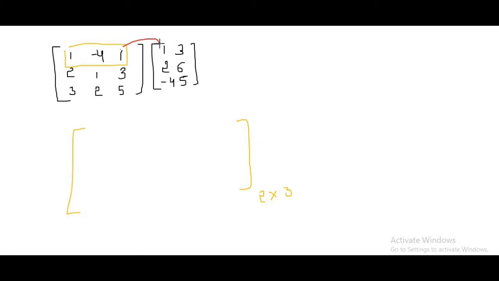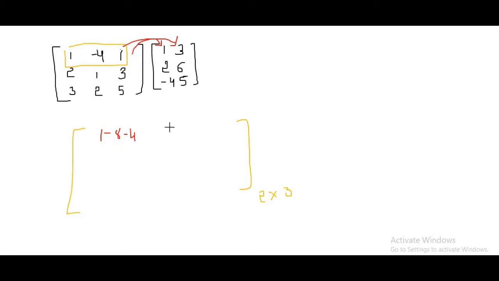We take the first row and we multiply with the first column. 1 times 1 is 1, negative 4 times 2 is negative 8, 1 times negative 4 is negative 4. You get the idea. And we take the same row, multiply it with the second column of the second matrix.